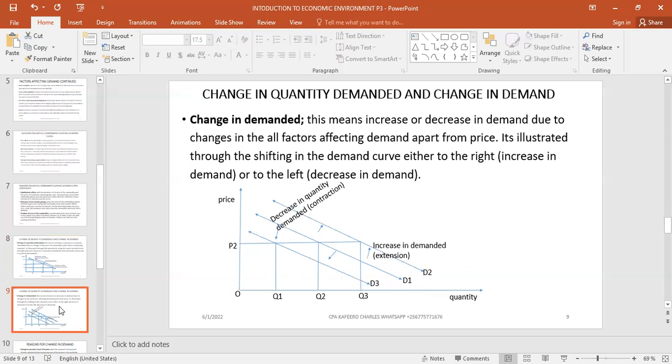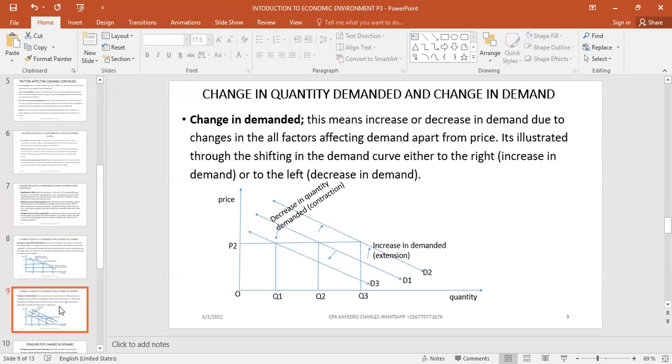Change in demand, this means an increase or decrease in the demand due to changes in other factors affecting demand apart from price. The other side, in quantity demanded, we are talking about the changes. The cause is as a result of the change in the price.